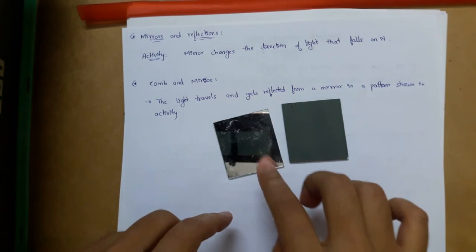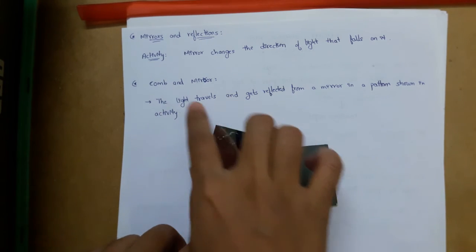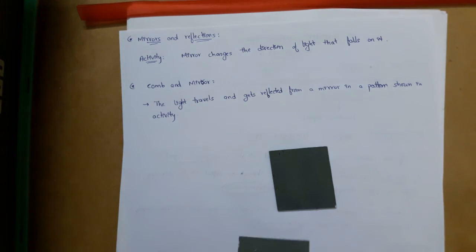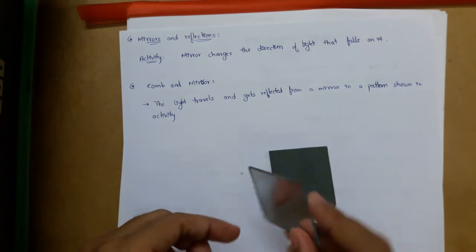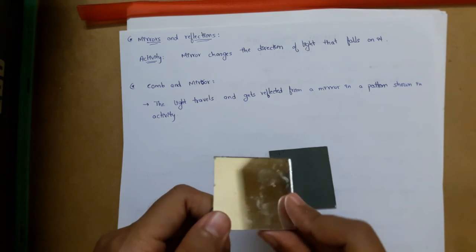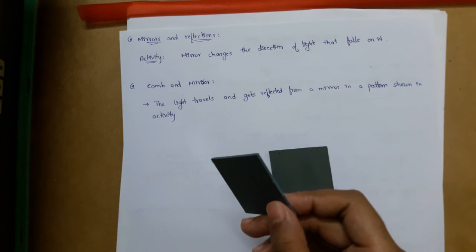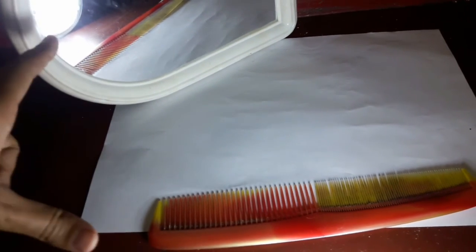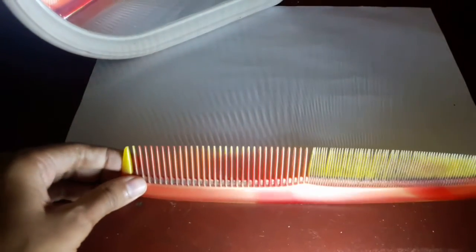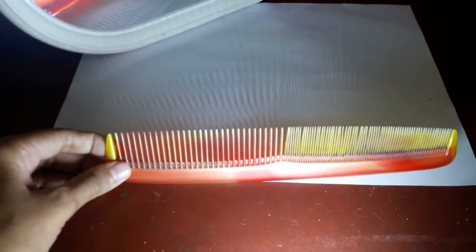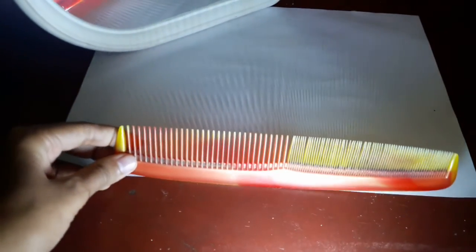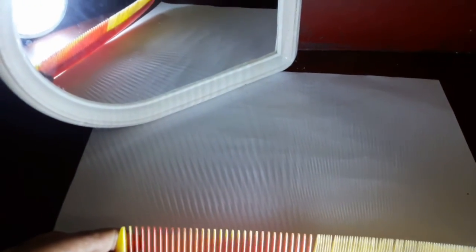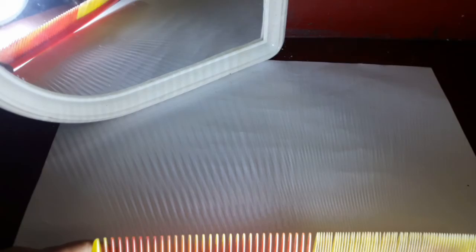Along with that, let us do one more activity with a comb and a mirror. The light travels and gets reflected from a mirror in a pattern which will be shown in the activity. Let us see. For this activity, we will take a comb, a paper, a mirror and a torch or source of light. When I keep the comb in this direction and the torch is on, lines are formed. Observe the lines formed. They are reflected from the mirror and you can see the pattern formed on the paper.